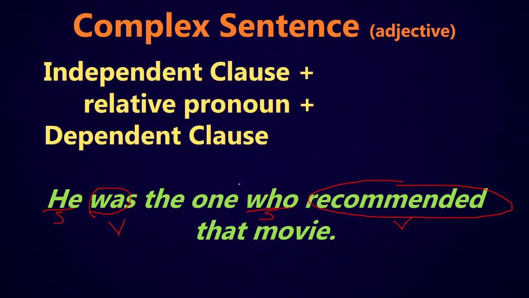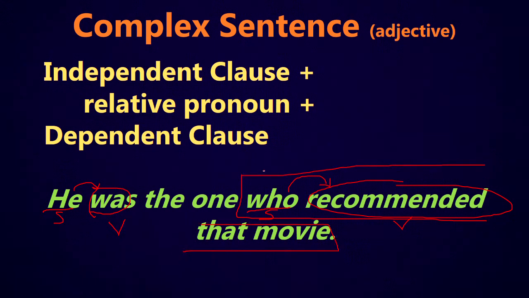So he was who recommended. Now this here, who recommended that movie, is describing the one. So it's describing a noun. He was the one who what? Who recommended that movie. So this is describing the one.